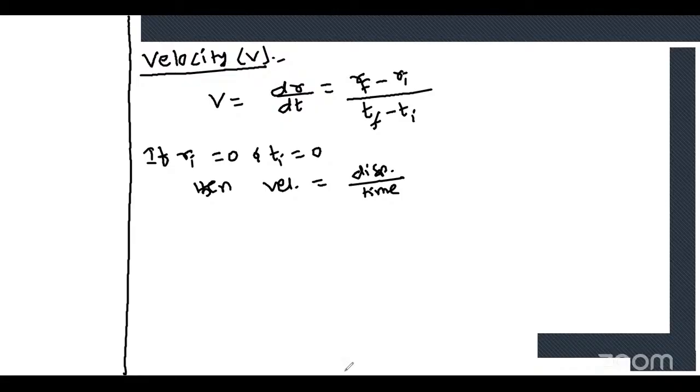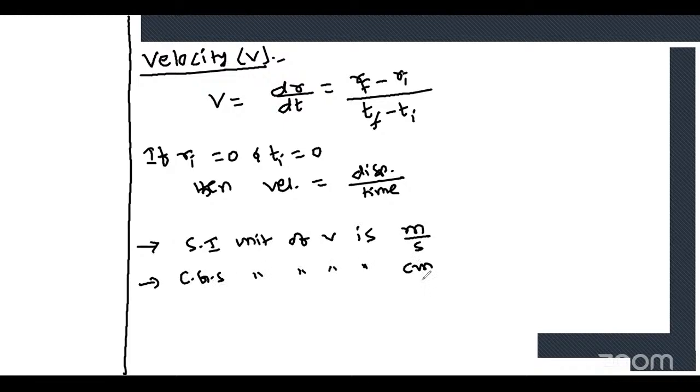So the SI unit of velocity is meter per second and the CGS unit of velocity is centimeter per second.